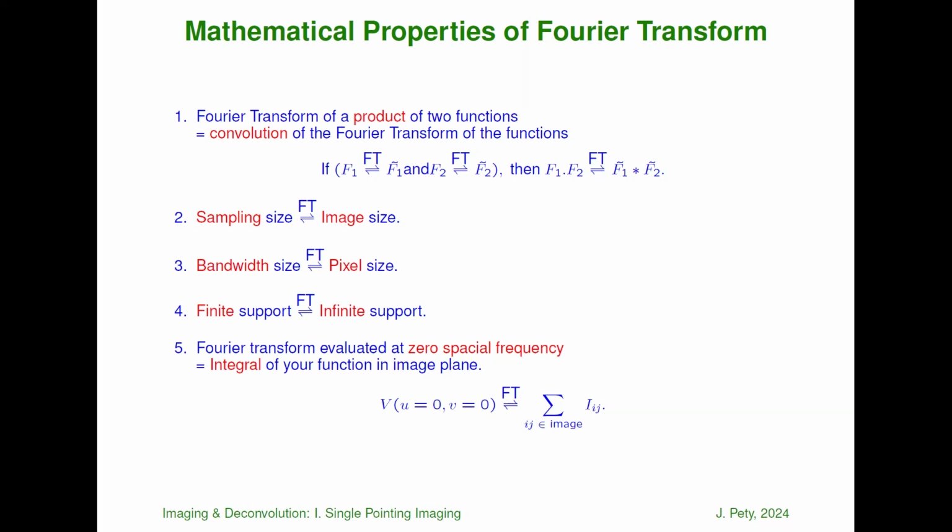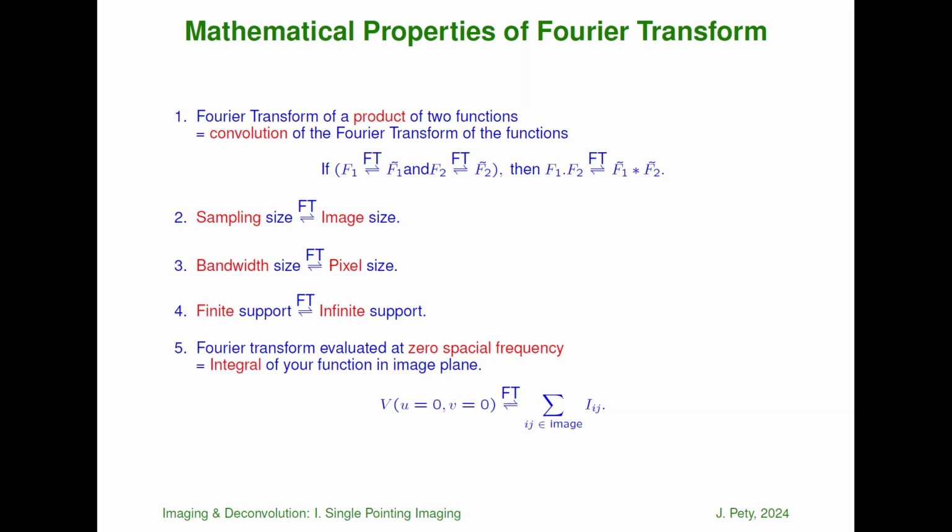The second set of properties that are important when you're dealing with Fourier transforms is that the smallest UV distance in the UV plane will be related to the image size in the image plane, okay? And the reverse is true also. The largest UV distance, which I'm calling here the bandwidth size in the UV plane, is related to the pixel size in the image plane.